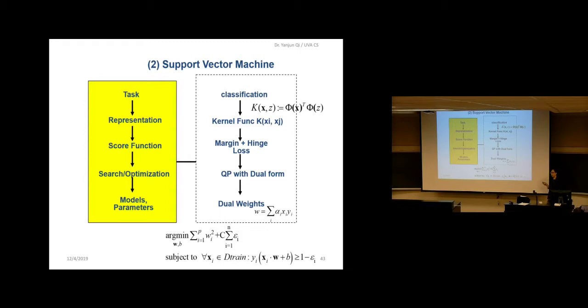So the connection of SVM versus the k-nearest neighbor, I hope you can tell now, or maybe you should already tell very early on. And that's the reason why we put k-nearest neighbor and SVM in one homework. So in the testing phase or in the training phase, in both k-nearest neighbor and SVM, you need to calculate something like a similarity matrix, right?